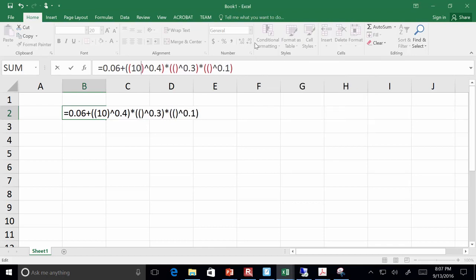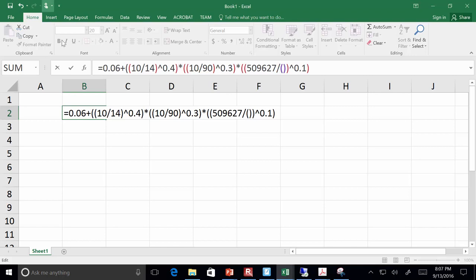In here we got 10 divided by 14. Here we got 10 divided by 90, right? And here we got 509,627 divided by a quantity.